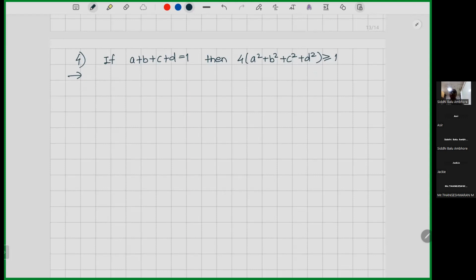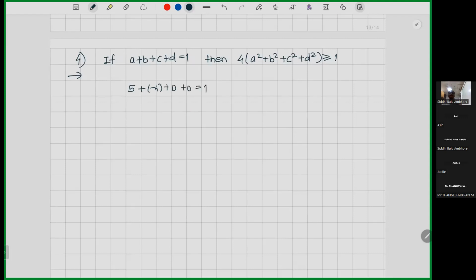At least I'm proving that 1 by 4 is the minimum I can get. No, but this is just A, B, C, D in R, which is giving you 1, right? So I can very well have 5 plus minus 4 plus 0 plus 0 is equal to 1.